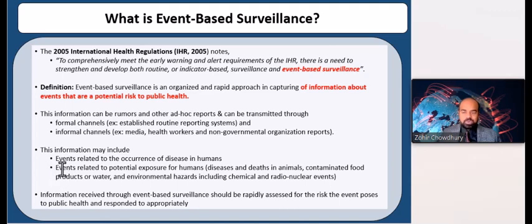And also include events related to potential exposure for humans, such as events related to diseases and death in animals, contaminated food products or water contamination, and environmental hazards, including chemical and radionuclear events. Information received through event-based surveillance should be rapidly assessed for the risk the event poses to public health and responded to appropriately.